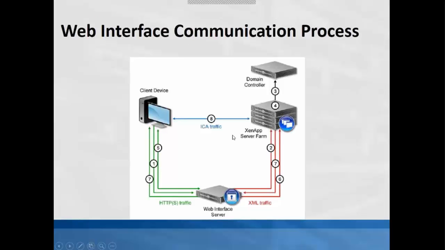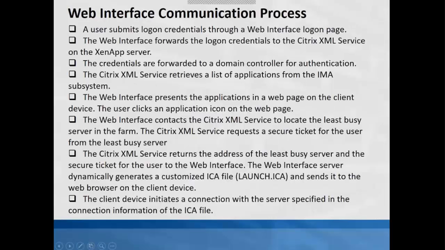It's the protocol. ICA is responsible between users and the server traffic. And ICA is this, and IMA is a protocol that is responsible for communication between server to server. So what it says here is the Citrix XML service retrieves a list of applications from the IMA subsystem.